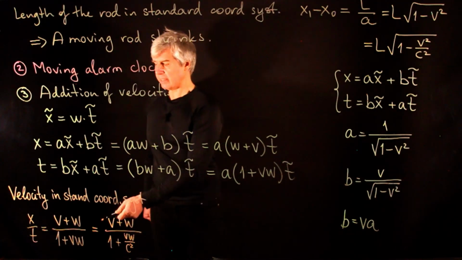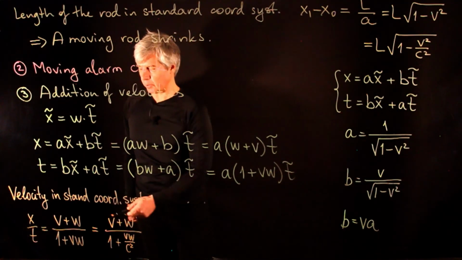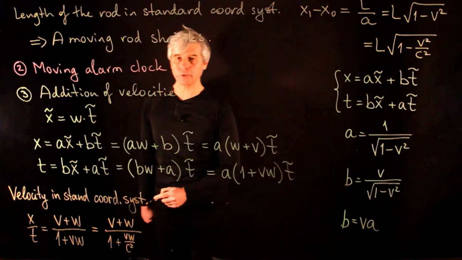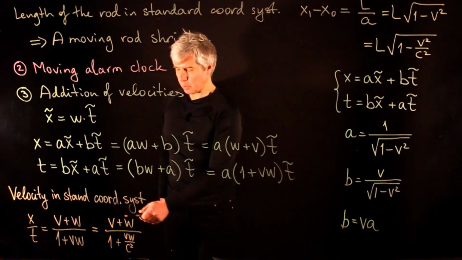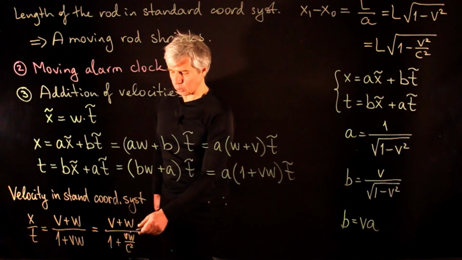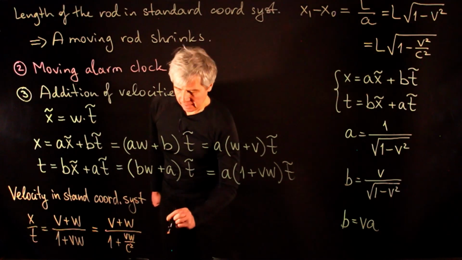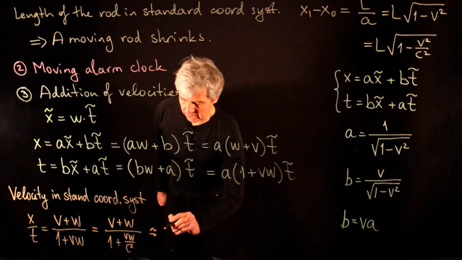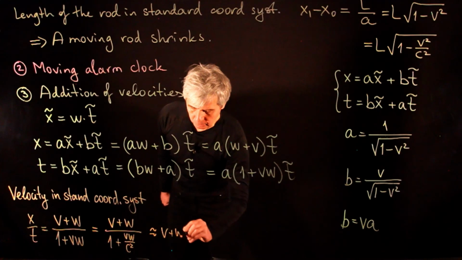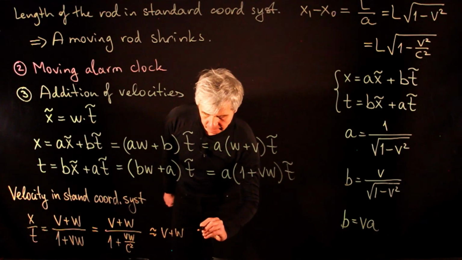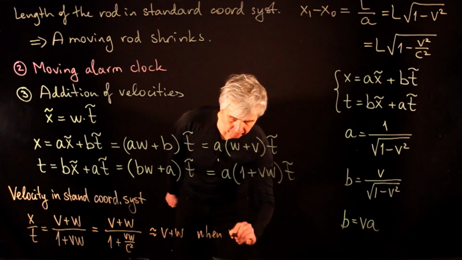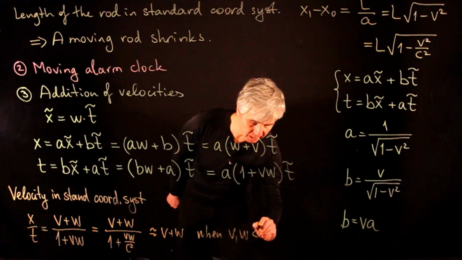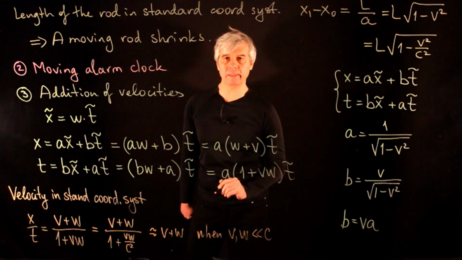Now what we see is that this is different from Galileo's addition of velocities. But if both v and w are much lower than the speed of light, then this is approximately equal to v plus w.